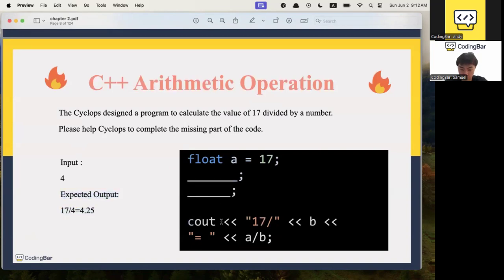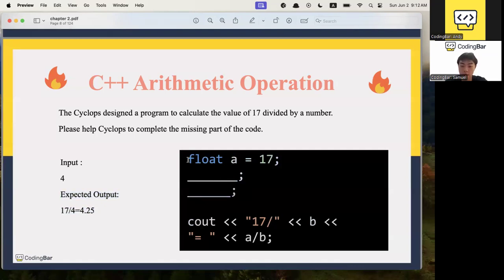And then it should output cout 17 divide by something B equal A divide by B. So we are trying to cout B, right? That means B has to be defined as well, and we are going to cin B.